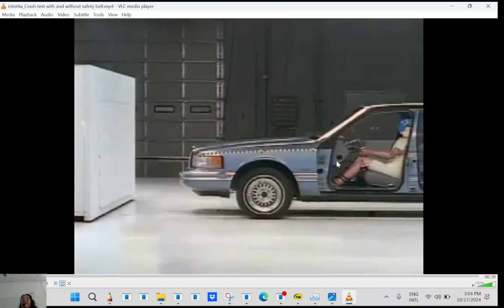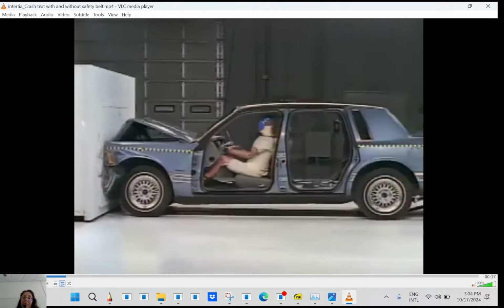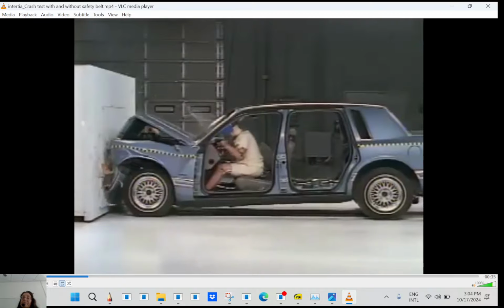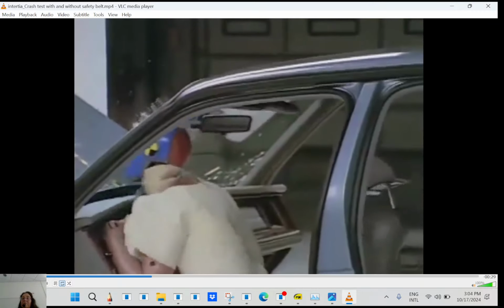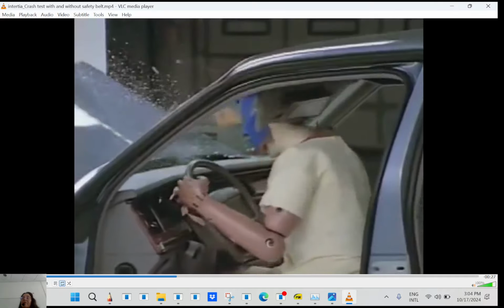But your body wants to keep going at the same speed in the same direction, and that's how you can damage your neck, right? So that's inertia. The car is stopping, but not your body. Boom. It wants to keep moving at the same speed in the same direction unless acted upon, boom, by a force.